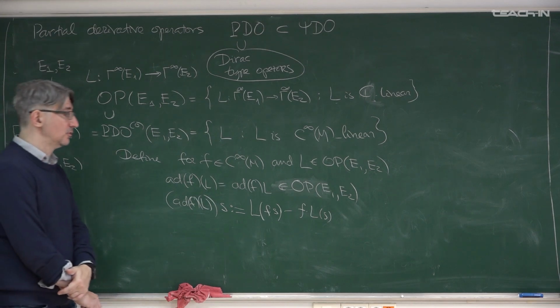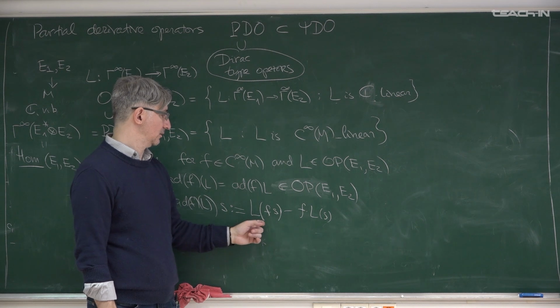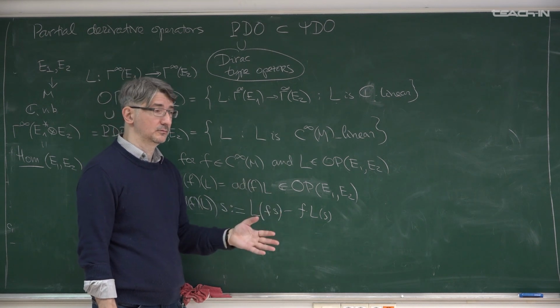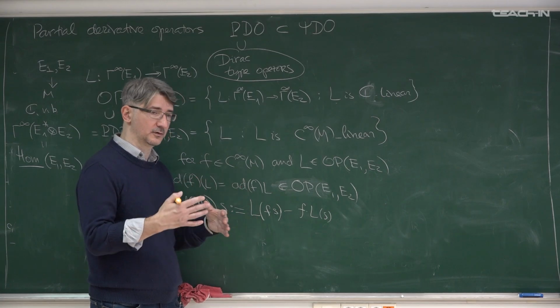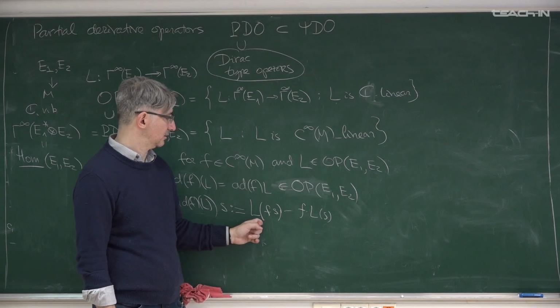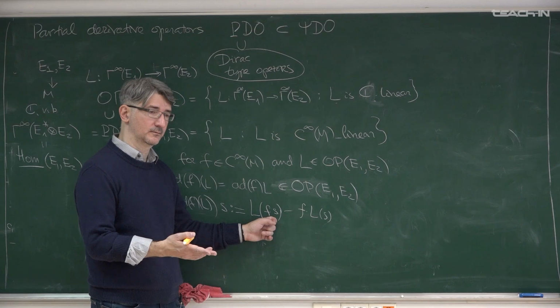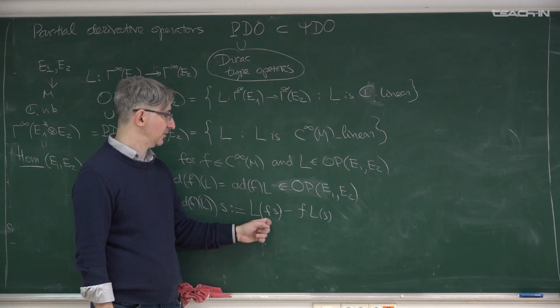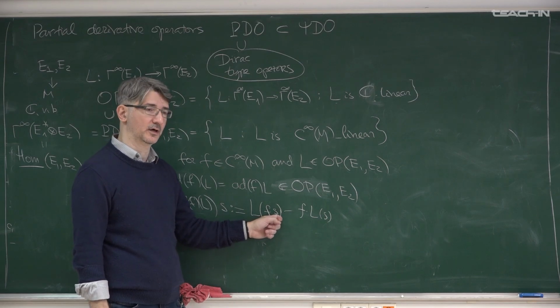It's quite simple. Imagine that L is a differential operator. This is a very general setting, but imagine that L is a differential operator that you already know, some partial derivative. Then you take the derivative of this expression, you have the Leibniz formula, in which some derivatives are applied to f and some derivatives are applied to s.